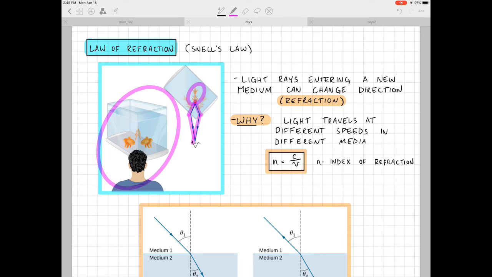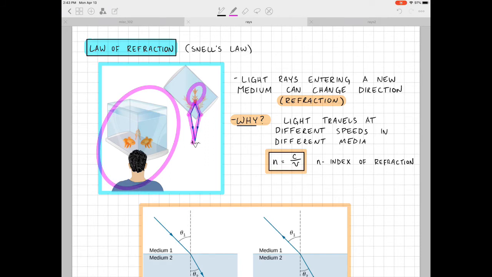Right, so your eye and your brain are incredibly advanced and useful instruments, but very simplistic in the sense that all that matters for your eye and for your brain is that the rays enter, and then your brain does the work of tracing back those rays in straight lines.